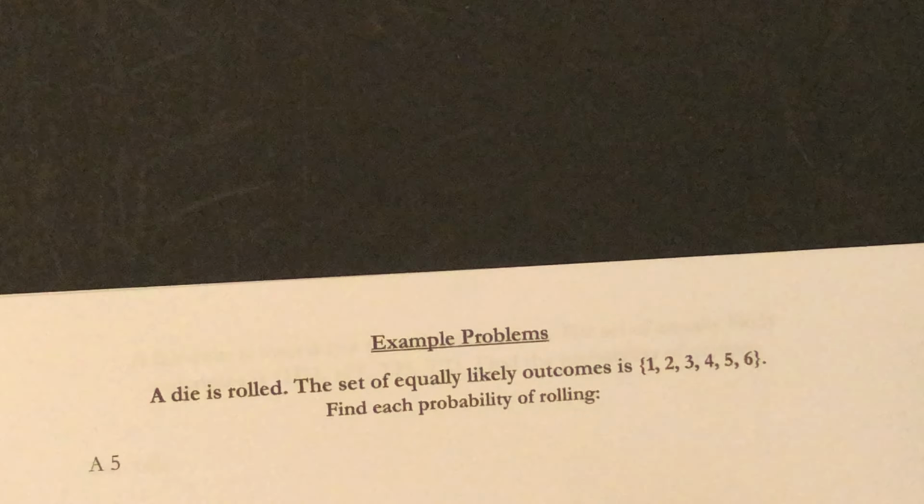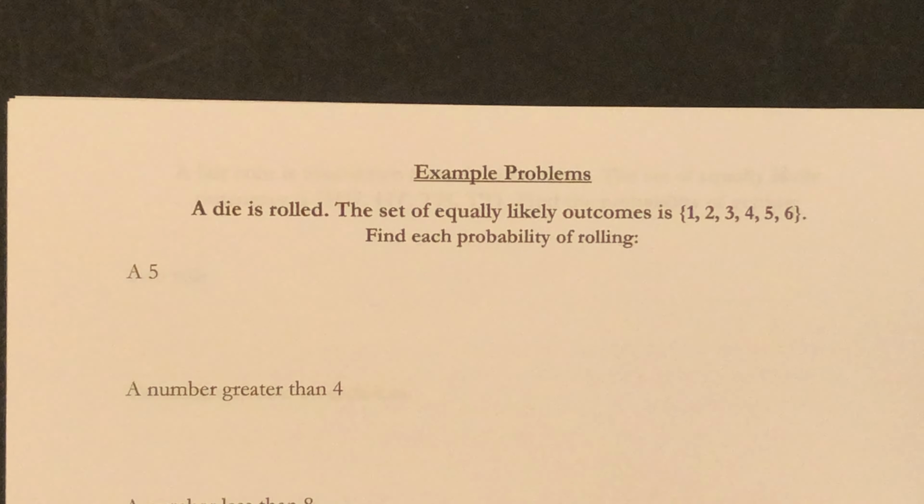So, with that in mind, let's look at some problems. Let's say our experiment is that we're rolling a die. The set of equally likely outcomes is 1, 2, 3, 4, 5, 6. So we roll a die, we're going to get one of those 6 answers. Find each probability. How many outcomes do I have here? I have 6 possible outcomes.